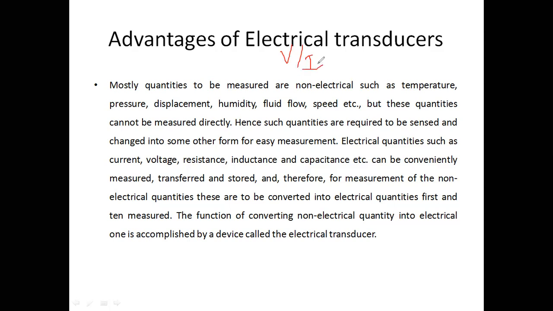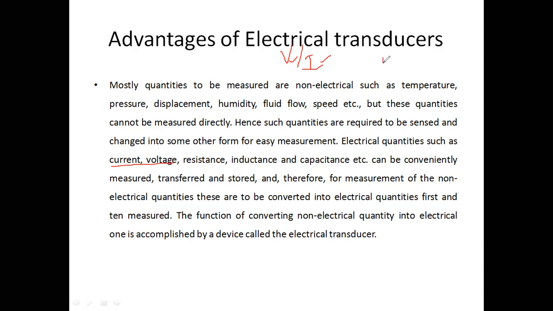Why? Because if I convert them into electrical signals, then I can measure them very accurately. If I want to amplify the signal, I can amplify. If I want to send this signal over a long distance, I can send the voltage and current signals easily without any drop.